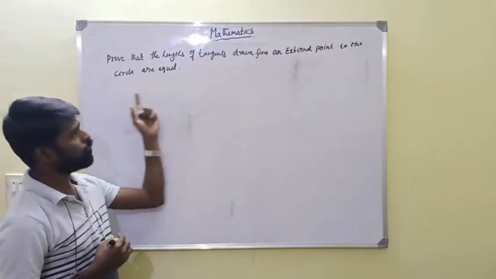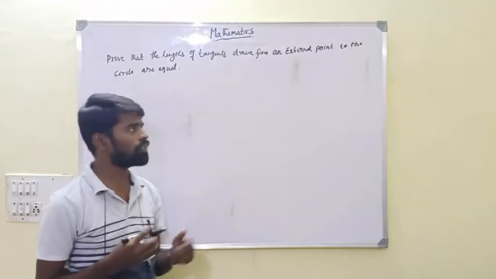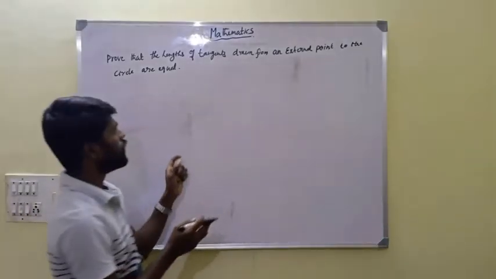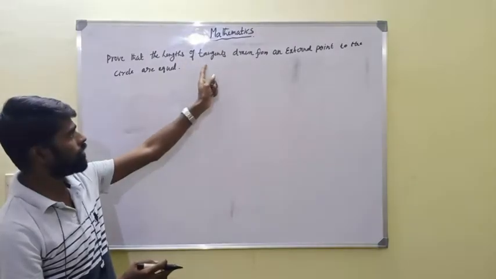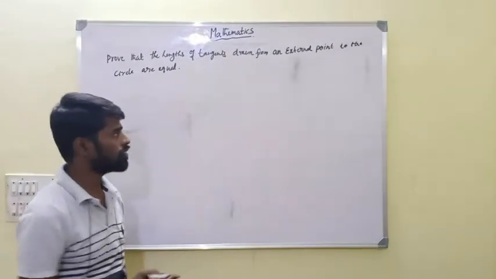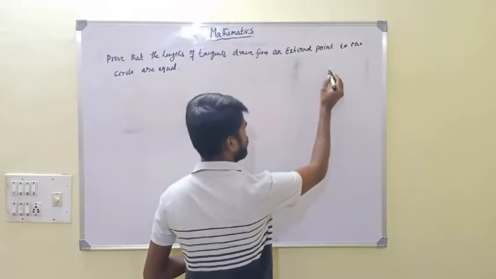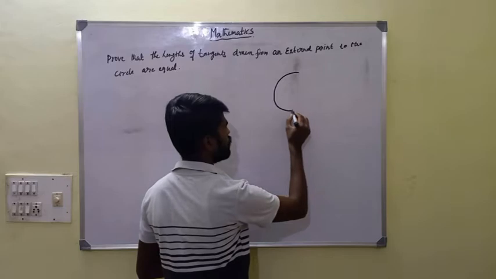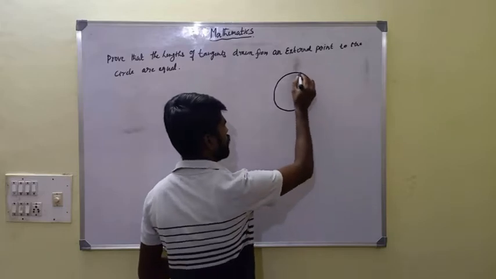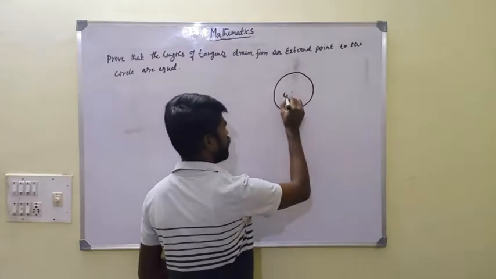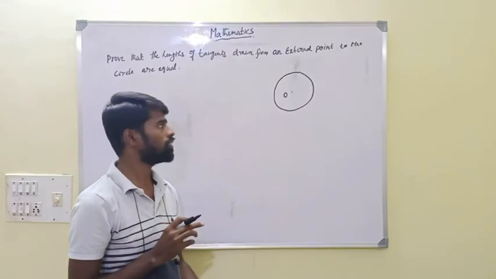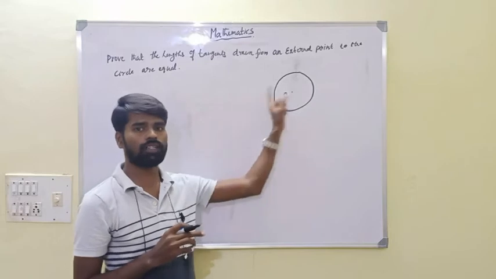So now to prove this statement, we draw a figure. It is given that tangents are drawn to a circle from an external point. So let us first take a circle with center O and choose one point outside the circle.